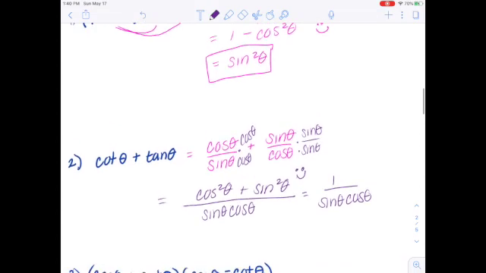Now, this can technically be simplified a little bit further, but I like to go over this problem right now so that you can see how we make common denominators. So this will be to be continued when we learn our double angle identities.